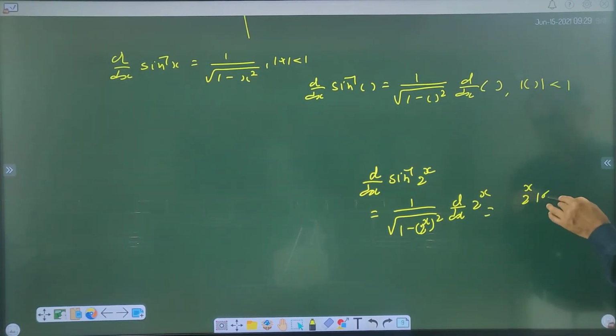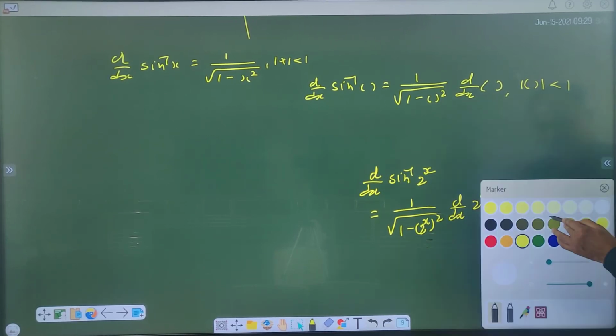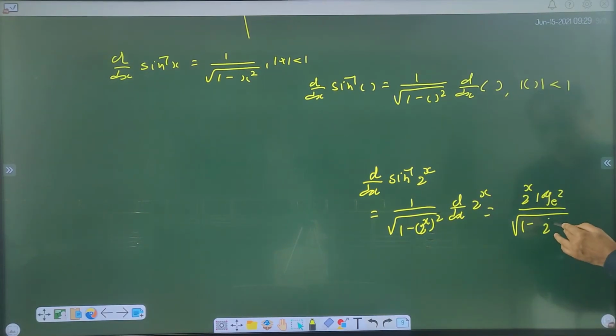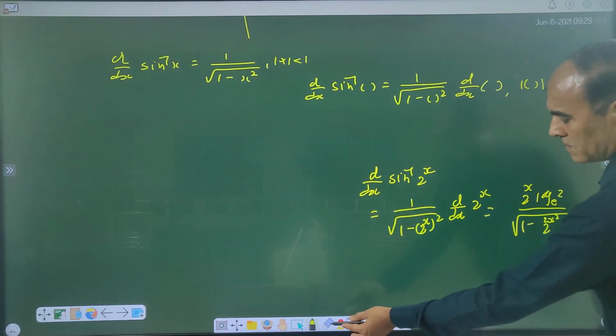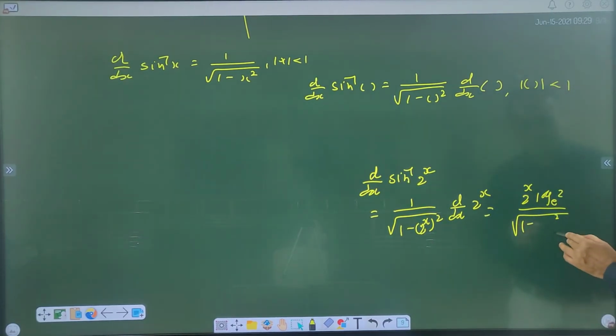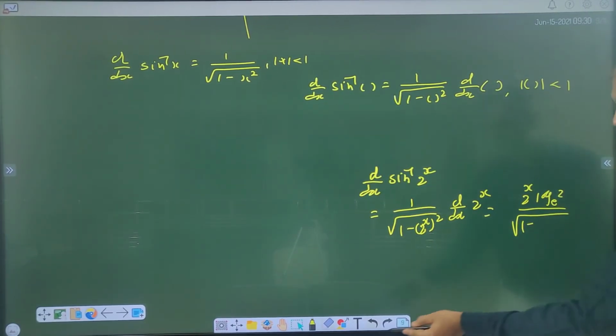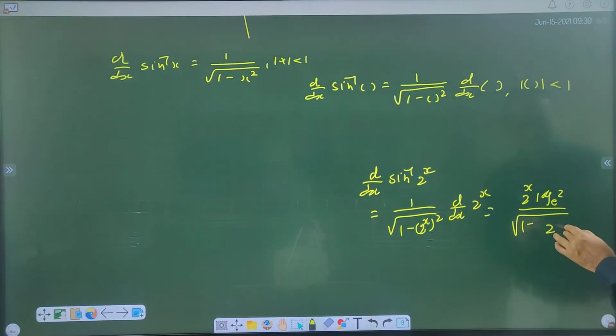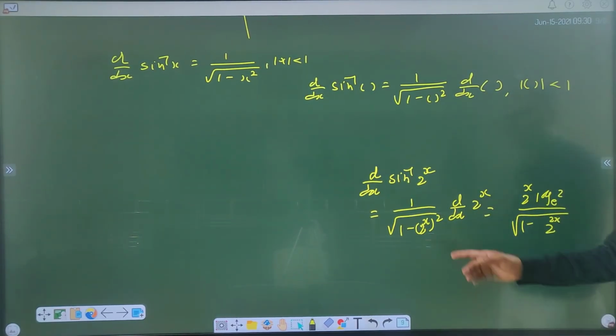It is 2 raised to x log 2, since the derivative of a raised to some function is a raised to that function, log a, d by dx of that function. So that is 1 upon under root 1 minus 2 raised to 2x, into 2 raised to x log 2. In this way we can find it.